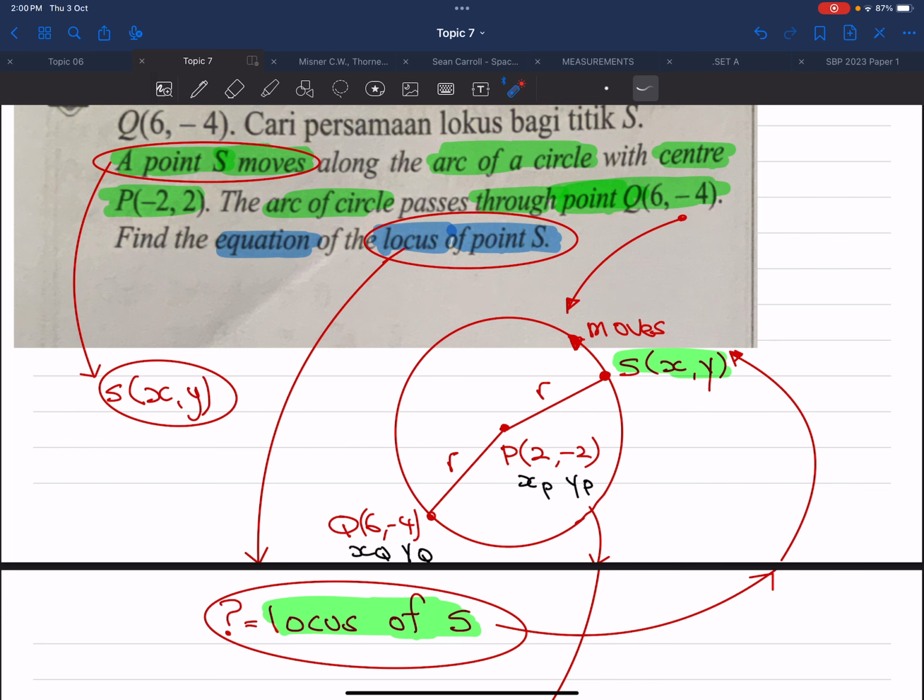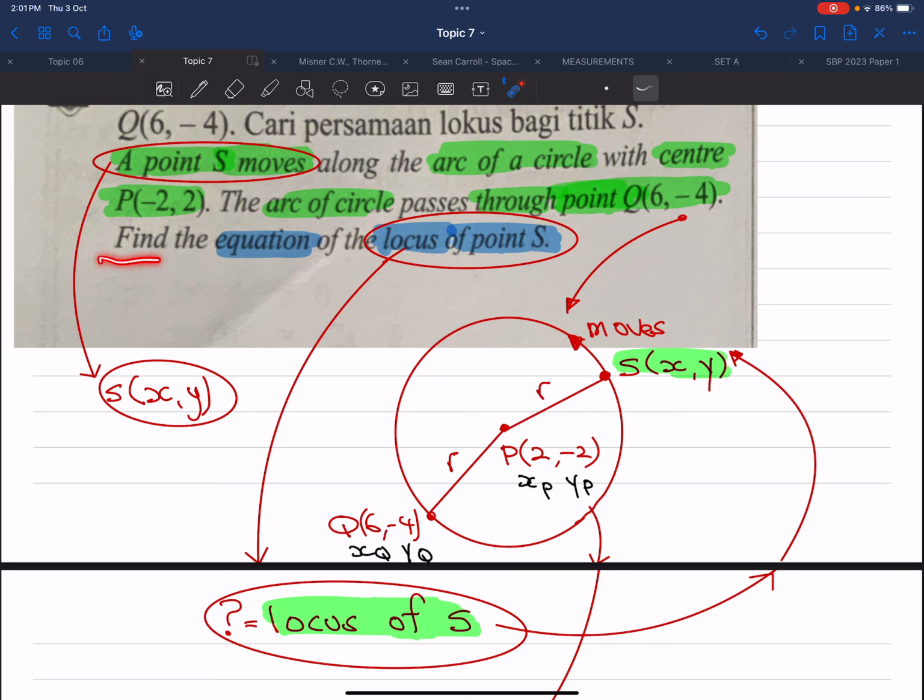So I draw the circle, I mark the point S on the arc, and then the center is point P, which I label coordinate XP, YP. And then I mark the other point Q, 6, negative 4, on the arc, and I label the coordinate XQ, YQ.